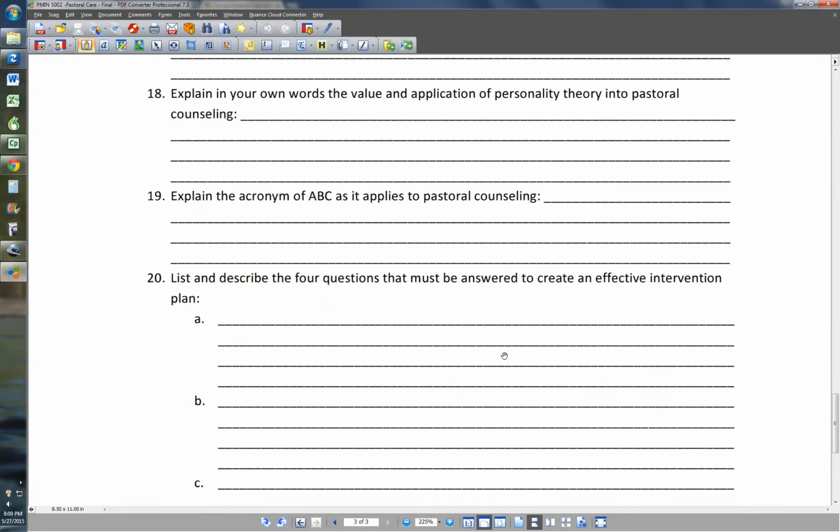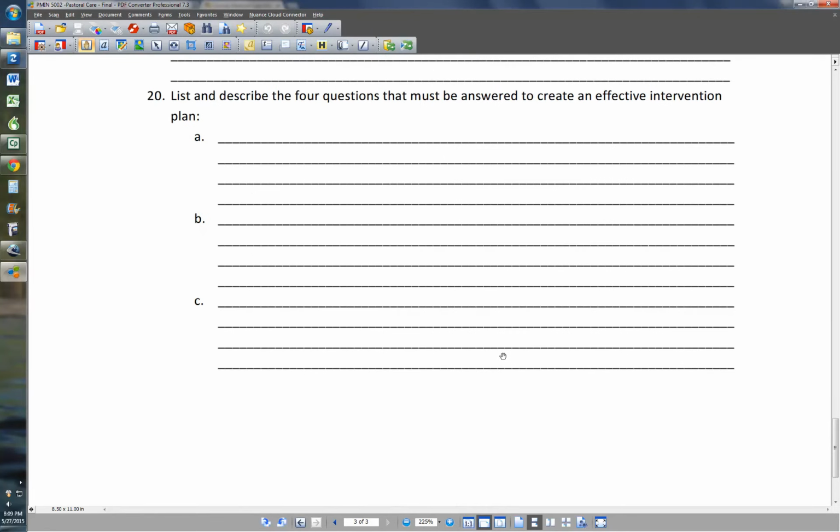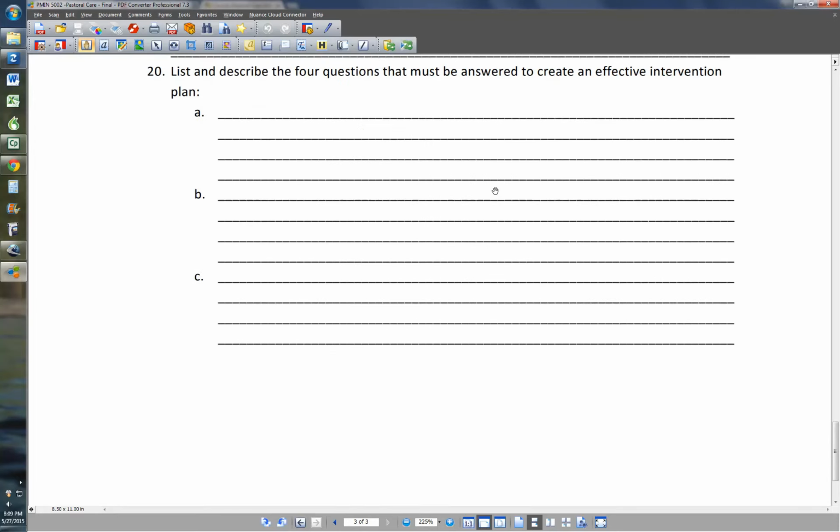And then number 20, list and describe the 4 questions that must be answered to create an effective intervention plan. We're missing D on this thing, so you may have to fill in below that, but there should be 4 of these. So the basic idea is going to be found in that last video, right, that we did.